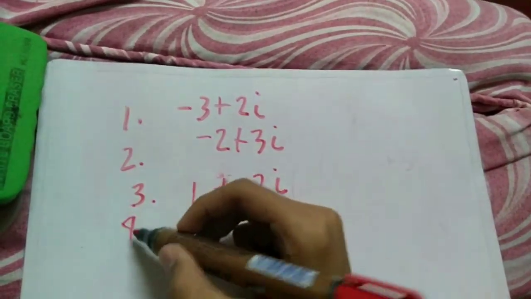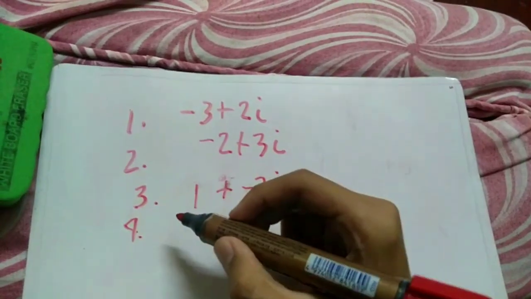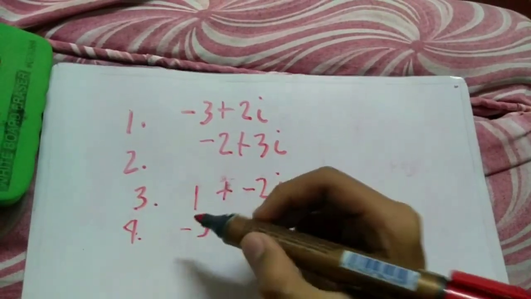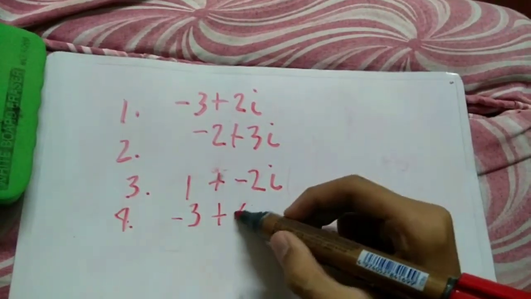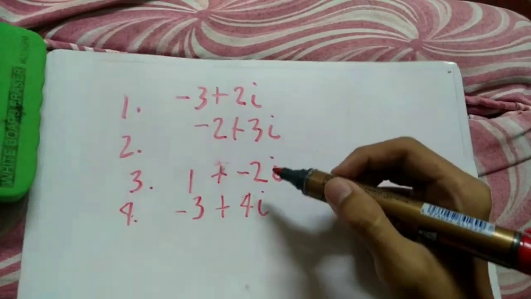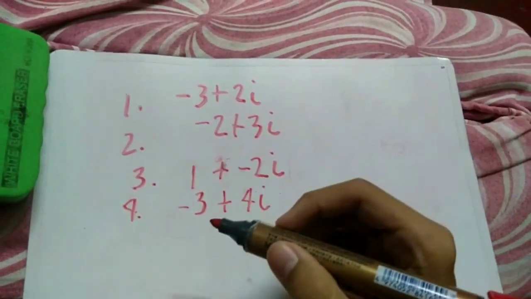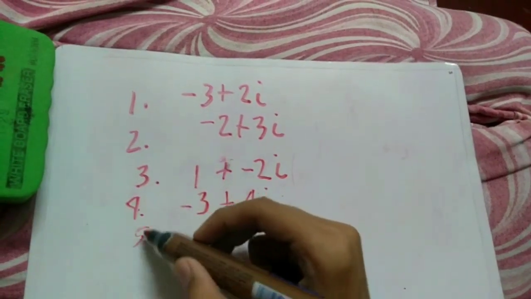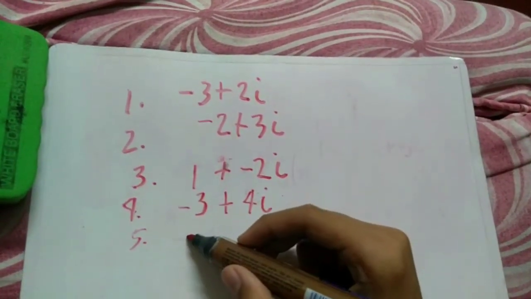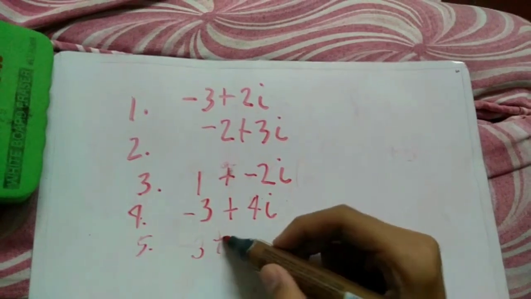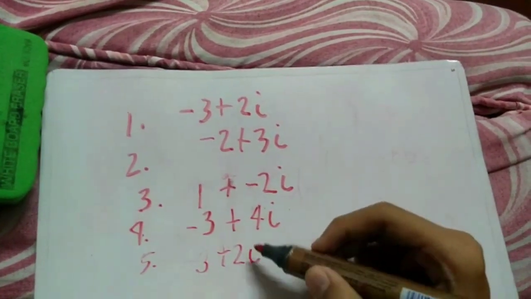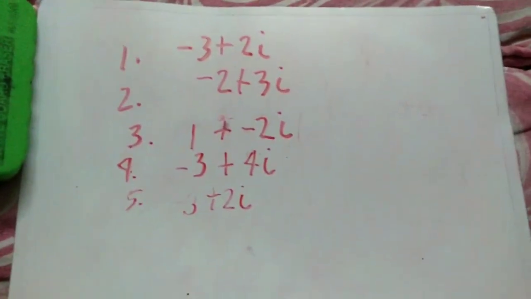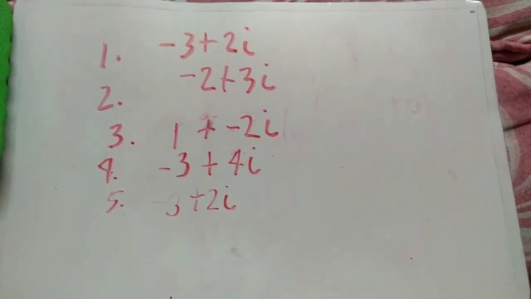Then number 4 would be negative 3 plus 4i. And then our number 5 would be 3 plus 2i. Okay, pause this video and try to solve it for yourself.